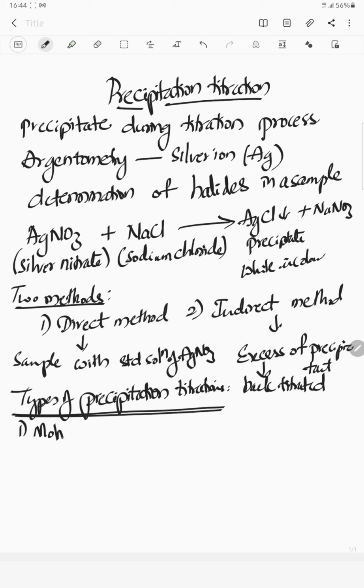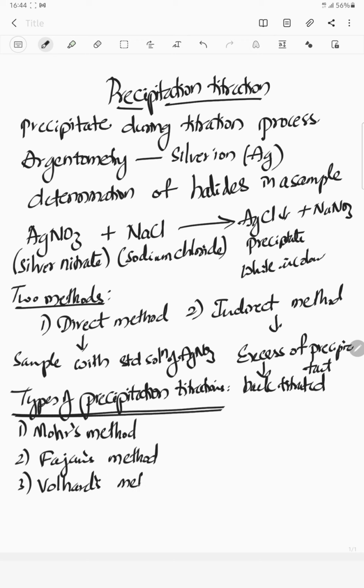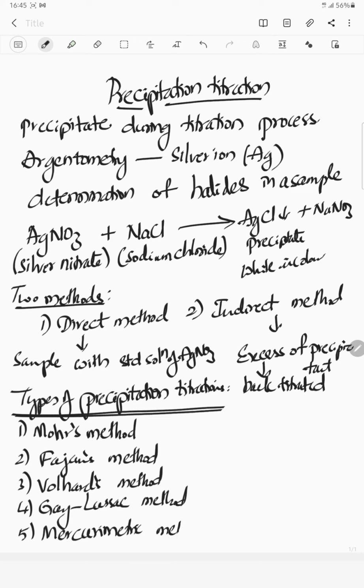Among them, Mohr's method, Fajans' method, Volhard's method, Gay-Lussac method, and mercurimetric method. These are the different types of precipitation titrations.